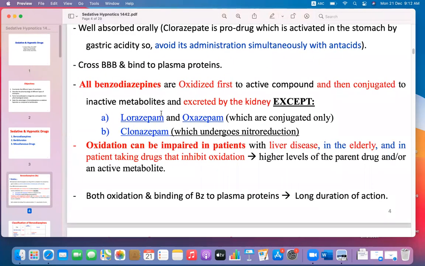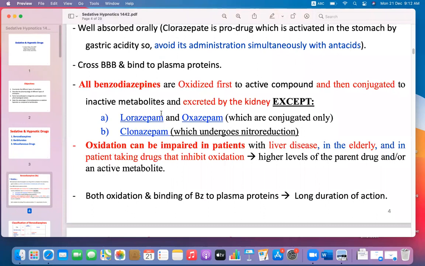All benzodiazepines are oxidized first and then conjugated, and their inactive metabolites are excreted by the kidney. Except lorazepam and oxazepam, which get conjugated, and clonazepam, which undergoes nitro reduction.